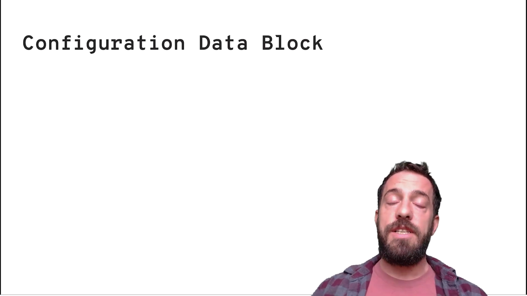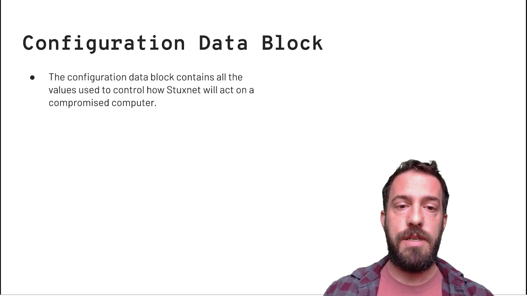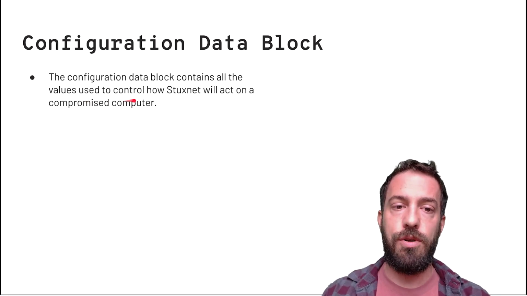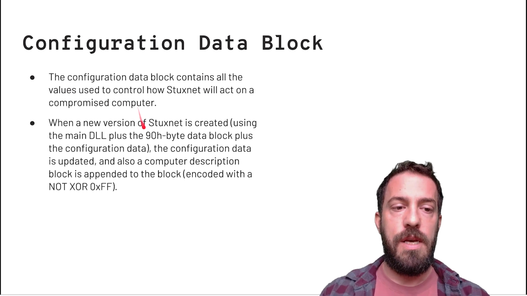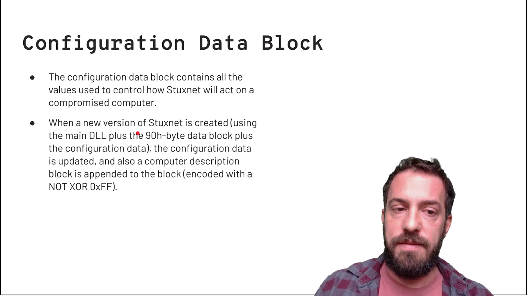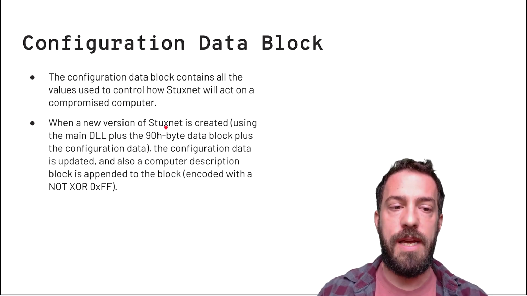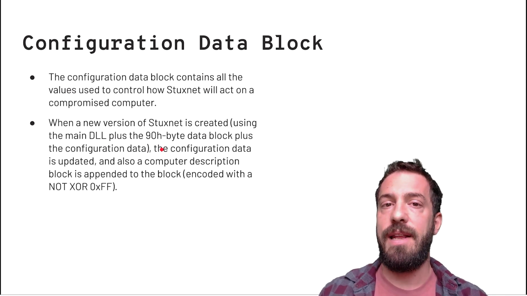All right, so I mentioned before, Stuxnet included two encrypted configuration data blocks, and these blocks contain all the values used to control how Stuxnet would act on that compromised computer. Whenever a new version of Stuxnet was created, the configuration data would be updated to have the right versioning.